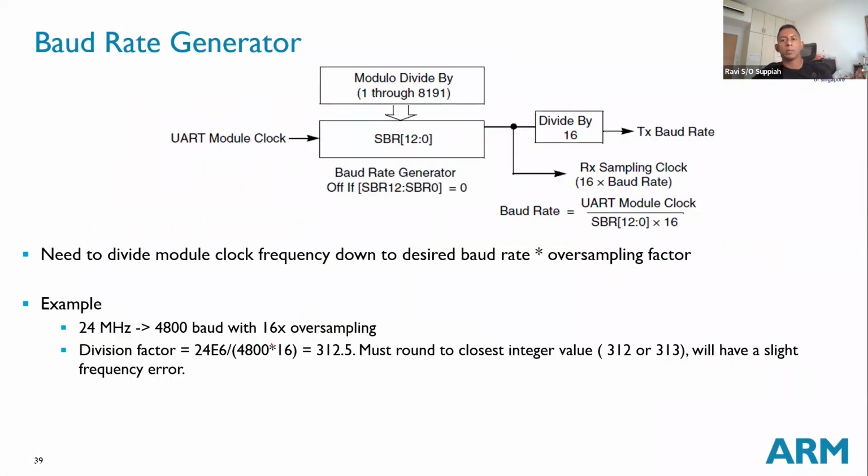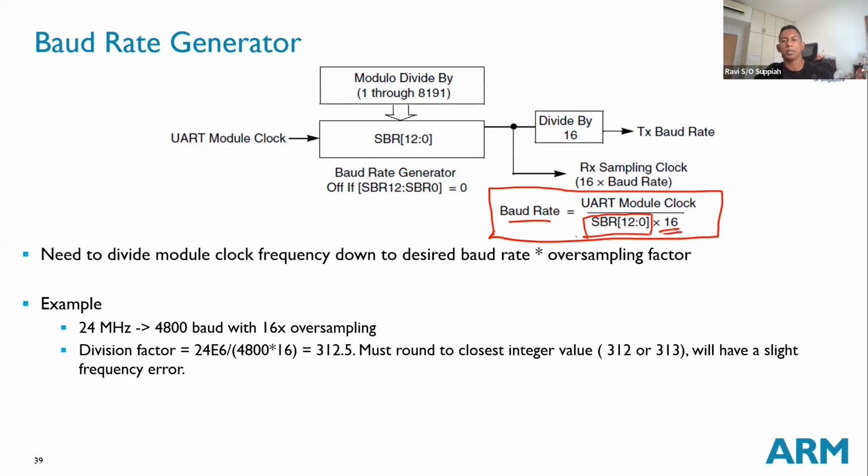In terms of the baud rate generator, what we need to do is implement it based on this formula over here. Depending on whatever baud rate that we want, we use this formula. The module clock, later I will show you which module clock to use. The register that you want to update is the baud rate SBR register, bits 12 to 0, and this is multiplied by 16.